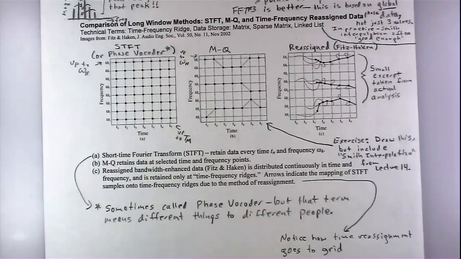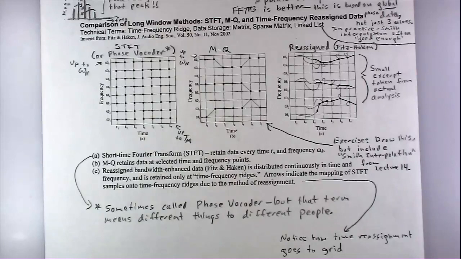You have many time windows up to T sub big M, and you have many frequencies all the way up to omega big N. I'm only showing 8 frequencies. In a long window, you get a lot more than 8 frequencies out. You get hundreds and hundreds of frequencies out, and probably hundreds of windows out. So this is just showing a little corner. And all this grid is really doing is showing you where it keeps data. It's not showing you very much about the data.